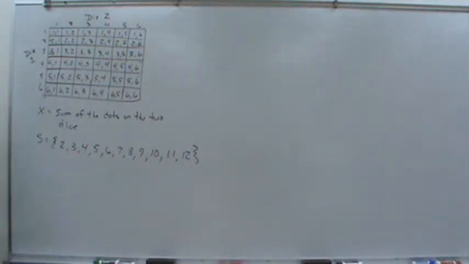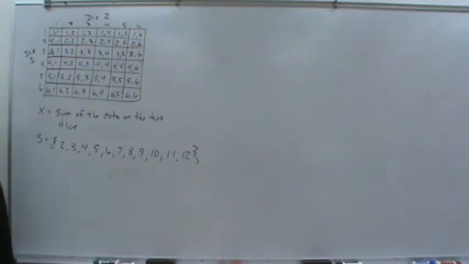Okay? Now, we're going to use this as our sample space, but we're going to use this table to calculate our probabilities. Okay? So, the question is, are the outcomes in S equally likely?